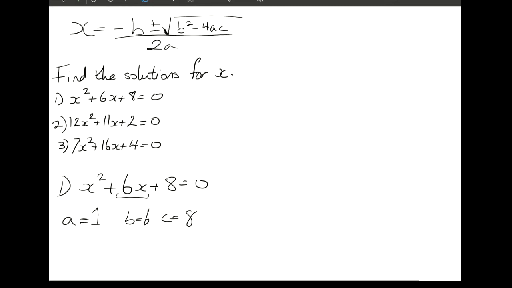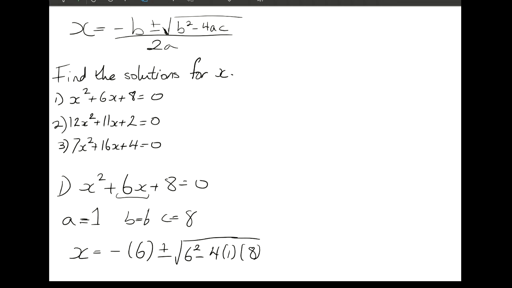So x is equal to negative b, and b is 6, plus or minus the square root of b squared, so 6 squared, minus 4ac. 4ac means 4 multiplied by a multiplied by c, so 4 multiplied by a, which is 1, multiplied by c, which is 8.